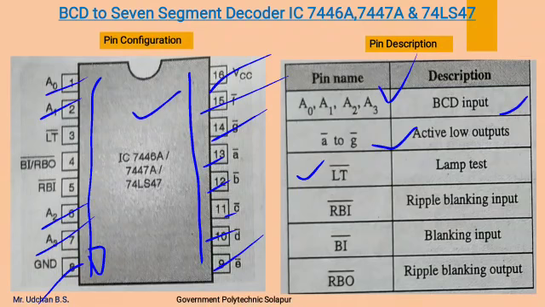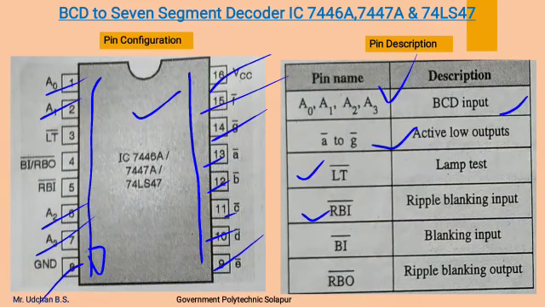If a display is connected, then all its segments will glow simultaneously if LT bar is low. Whereas if LT bar is 1, then all the segments of the 7 segment display will be in an off state. So by connecting 0 or 1, we can check whether each segment of the 7 segment display is in working condition or not.